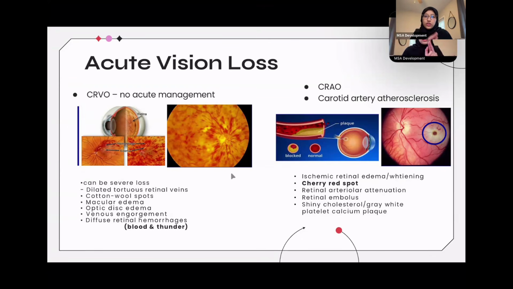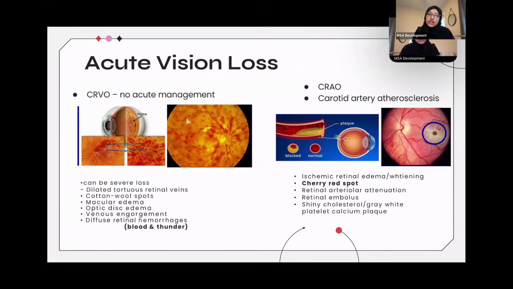So that is the venous occlusion that can happen. It can be severe loss, dilated, tortuous veins. Again, all of these: edema, hemorrhage, engorgement. You don't need to remember all of this specifically, but just remember the appearance. Blood and thunder, if you see that, it is central retinal venous occlusion.